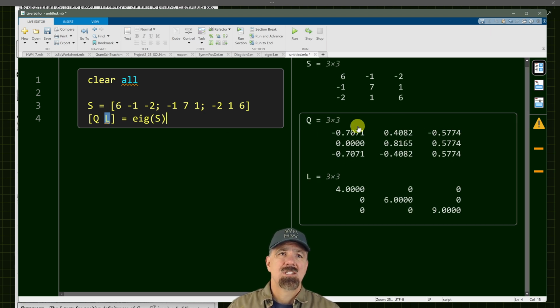So here is the set of orthogonal eigenvectors, and this is the MATLAB command. It gives us a diagonal matrix with the eigenvalues along the main diagonal. From the eigenvalues, we can see we have a positive definite matrix.